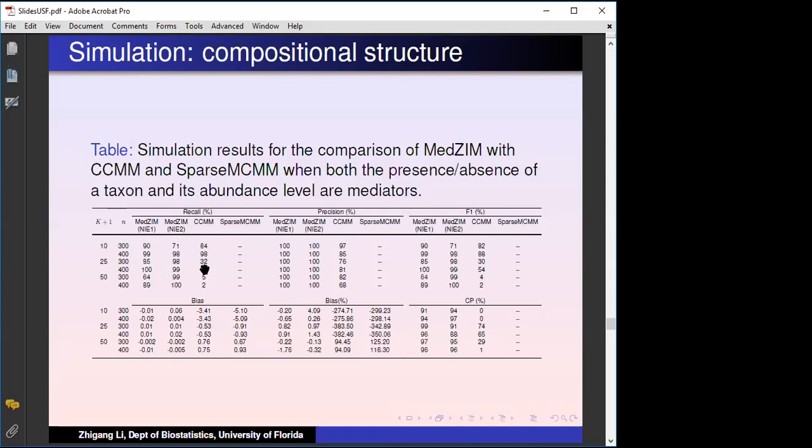But for other cases, the performance becomes not good. So as you can see, the zero-inflated structure could really have a big impact on the existing methods, and that's also why we try to develop a new method to overcome this issue.